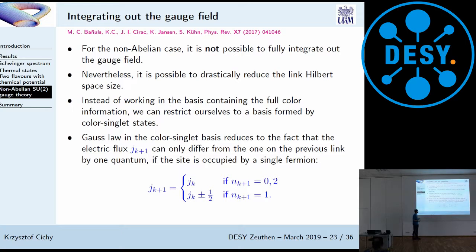So in the abelian case, it would be really unique. And here you have these two cases that if you have one fermion, then J can change by plus or minus 1/2.